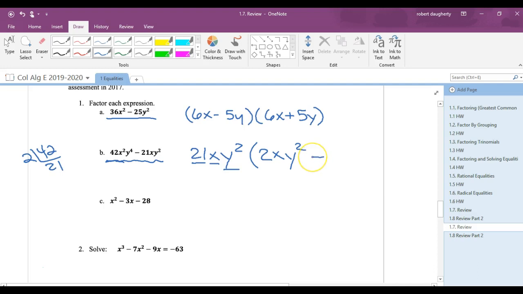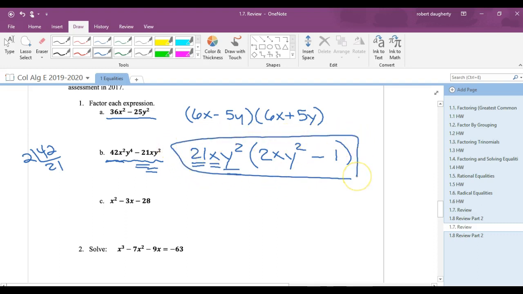Then I have a minus sign. What do you multiply 21 by to get 21? Well, that's just going to be a 1. What do you multiply x by to get x? That's 1. What do you multiply y squared by to get y squared? That's 1. So here is your final answer: 21xy squared times 2xy squared minus 1.